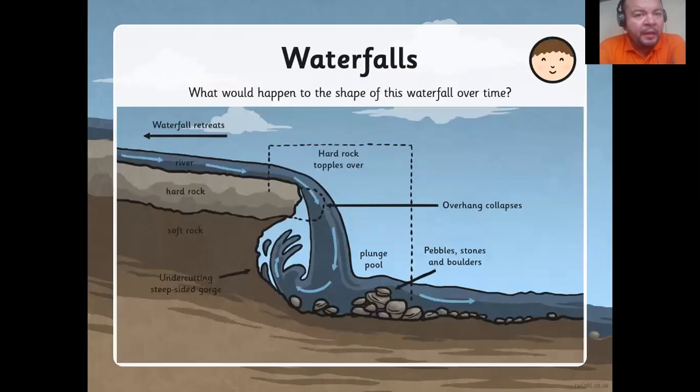Let's see what it is about waterfalls. What will happen to the shape of this waterfall over time?